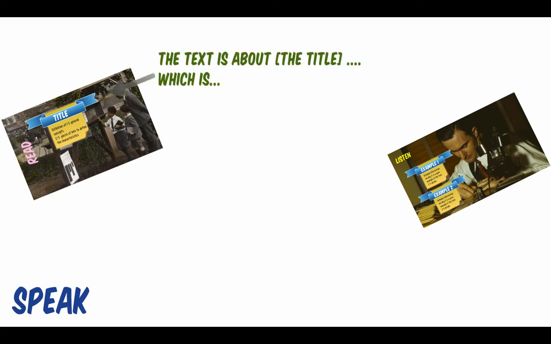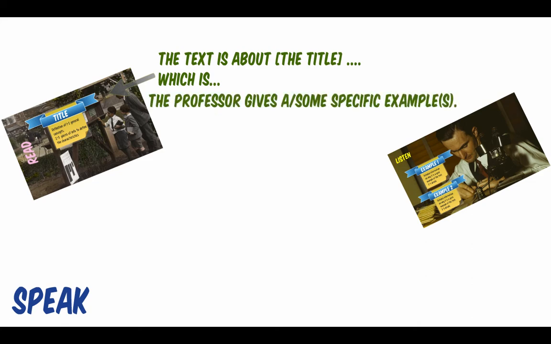So when you speak, you're going to have a bit of a script, like you do with all items, and it's going to look sort of like this. Okay, the text is about the title, which is, and then some quick defining features. The professor gives an example, some examples.